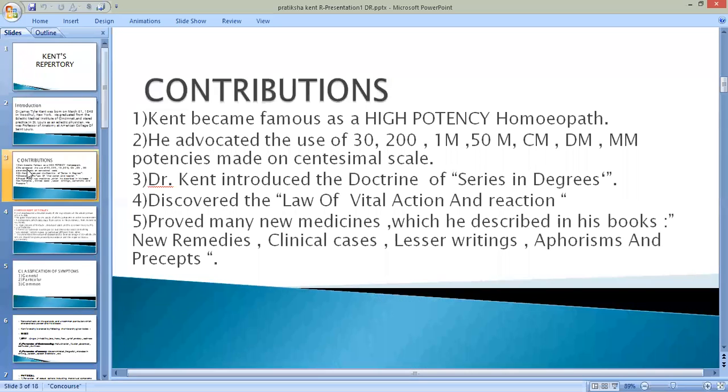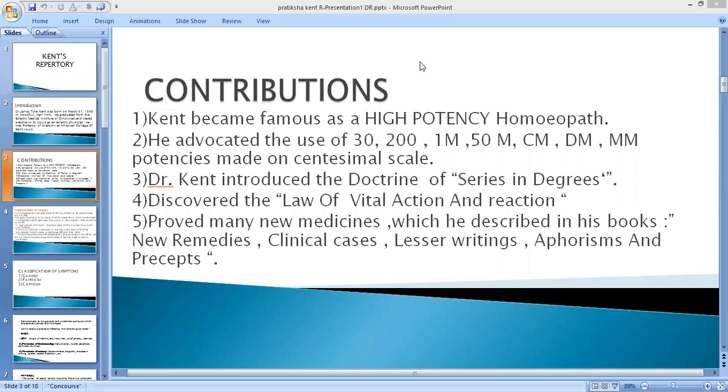Dr. Kent introduced some new doctrines, some new concepts to homeopathy, that is, series in degrees, and law of vital action and reaction. Then he proved many cases on himself and on other people, which are very well explained when you go through his Materia Medica, when you go through his books like New Remedies, Clinical Cases, Lesser Writings, Aphorisms, and Precepts.